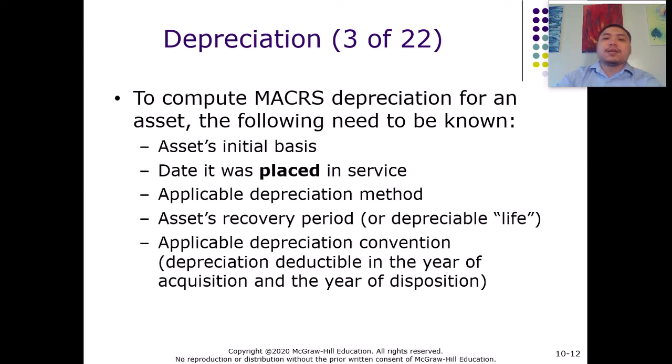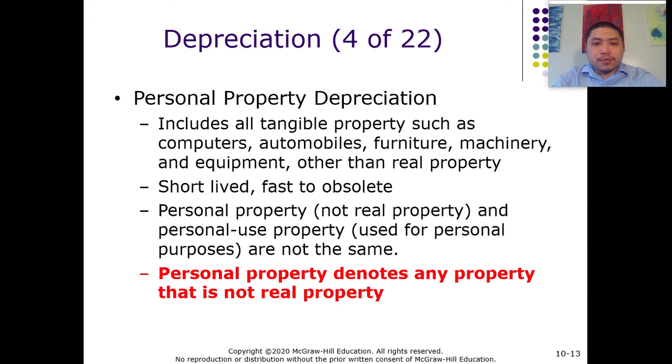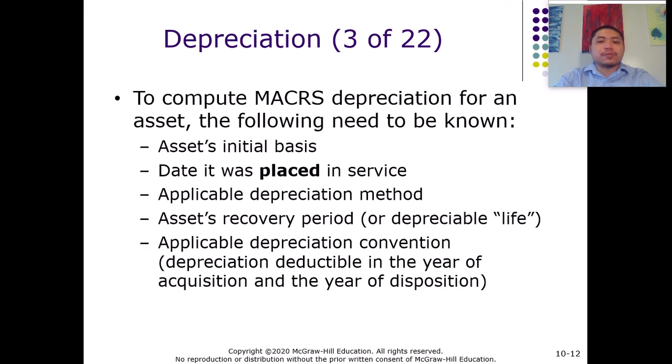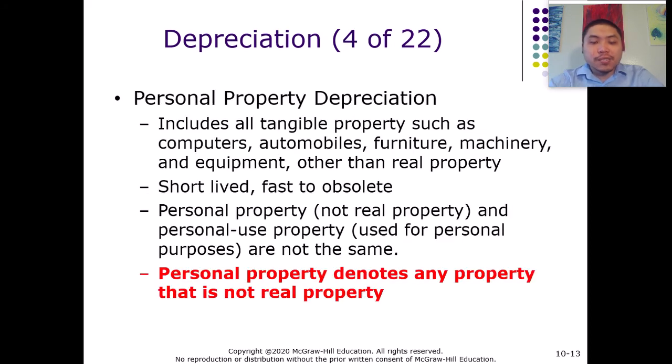So let's talk first about the types of asset that determine all of these options that we can select, right? So I mentioned there are two main types of asset, right? There's personal assets and there's real assets, real properties, right?